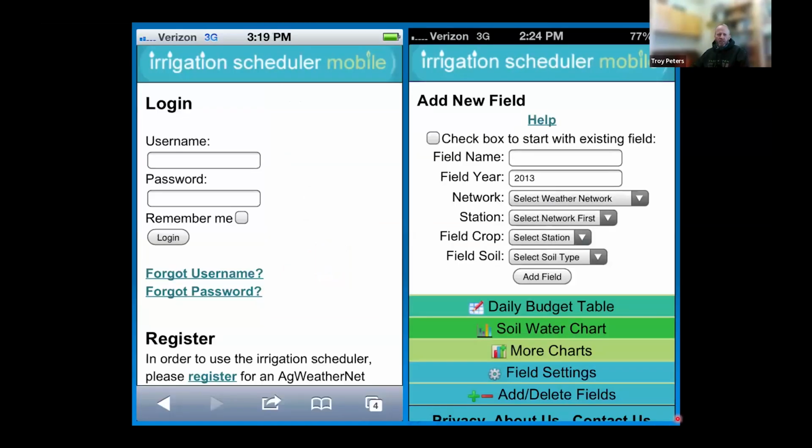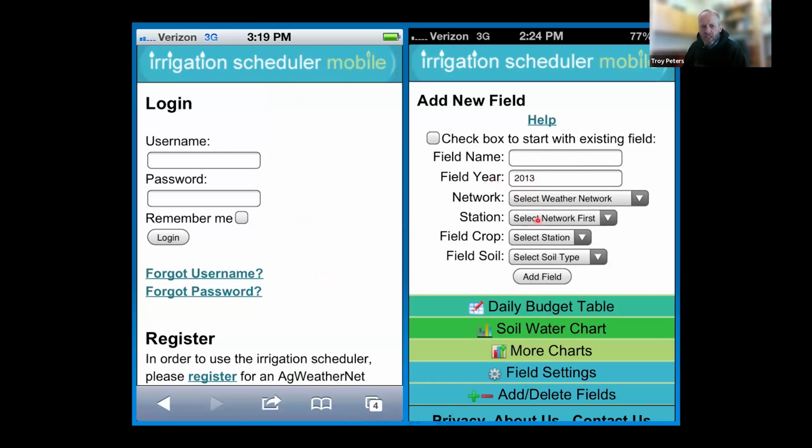We tried to make it really simple and easy to set up by just providing a bunch of defaults for like soil water holding capacity and crop coefficients and things, so that all you have to do is you name it, like the back 40. This would be 2024. This is the year. We select AgWeatherNet.